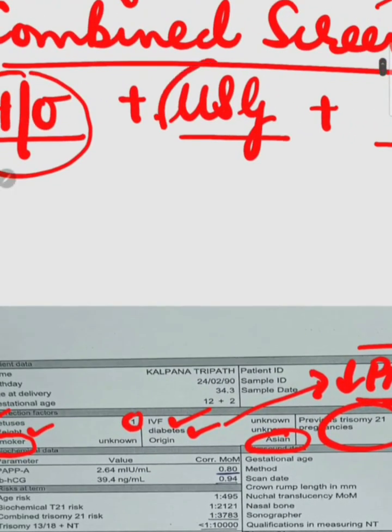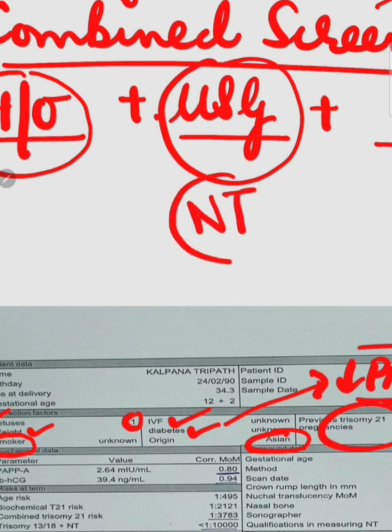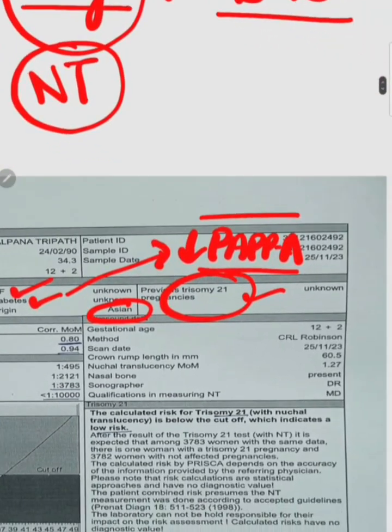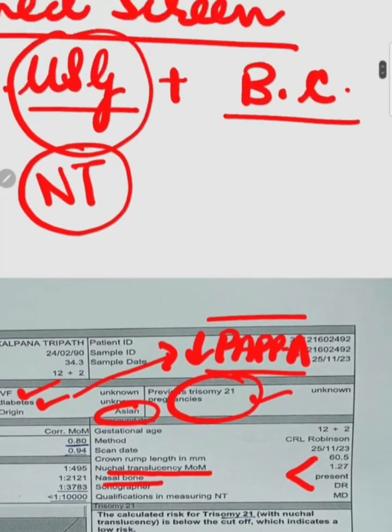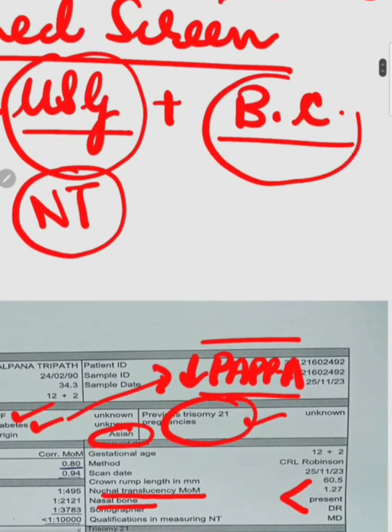Next, coming to the ultrasound markers. In ultrasound markers, we take NT, that is nuchal translucency, into consideration. So see, nuchal translucency and nasal bones have been taken into consideration. And also we will take the biochemical markers.